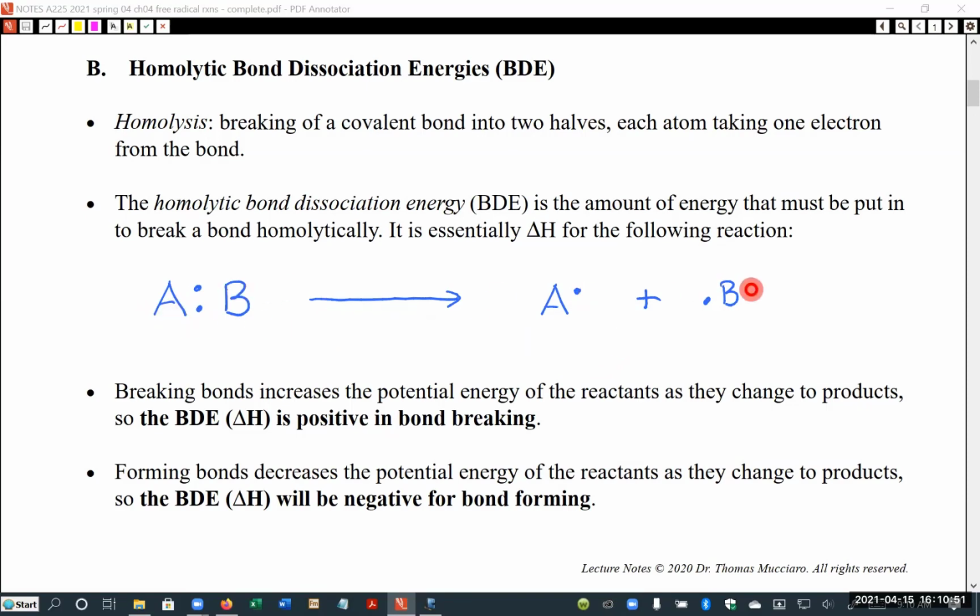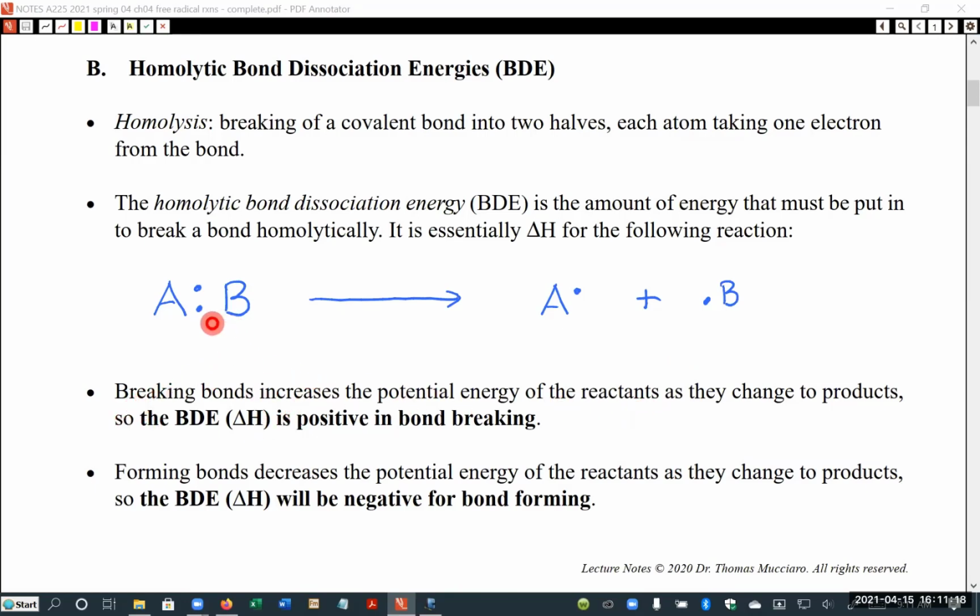If you have a reaction, you know its delta H in one direction. If you turn the reaction around so that the products become the reactants and the reactants become the products, that reverse reaction will have the same delta H, but it will be the exact opposite sign. And it has to be that way, or else we could make perpetual motion machines. Okay.